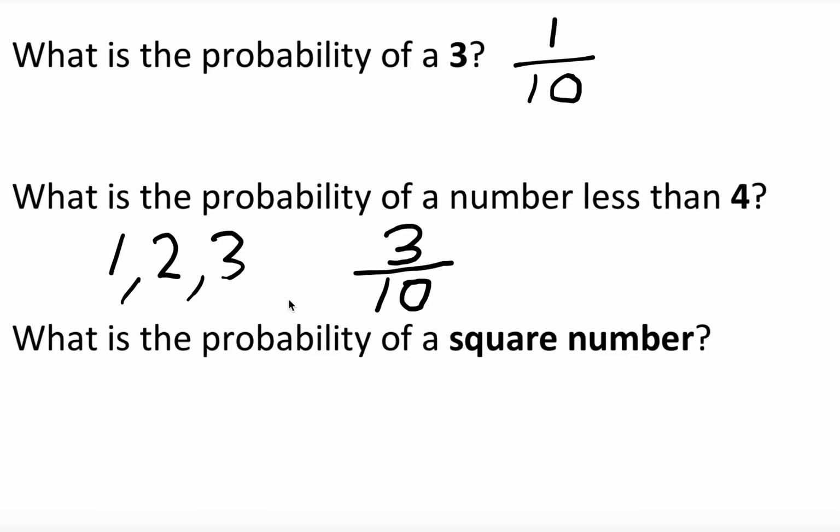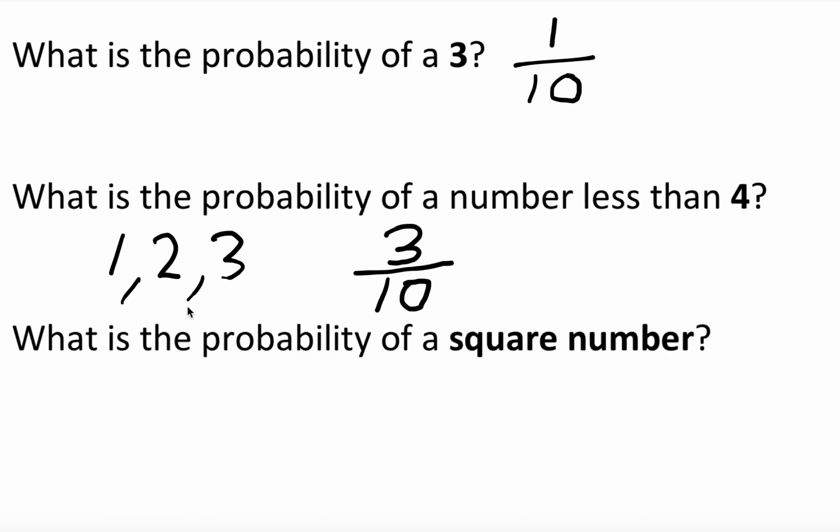So what's the probability of getting a squared number? Now this is a bit more difficult. Do you know your squared numbers? A squared number is a number that has a square root that will give you an integer.